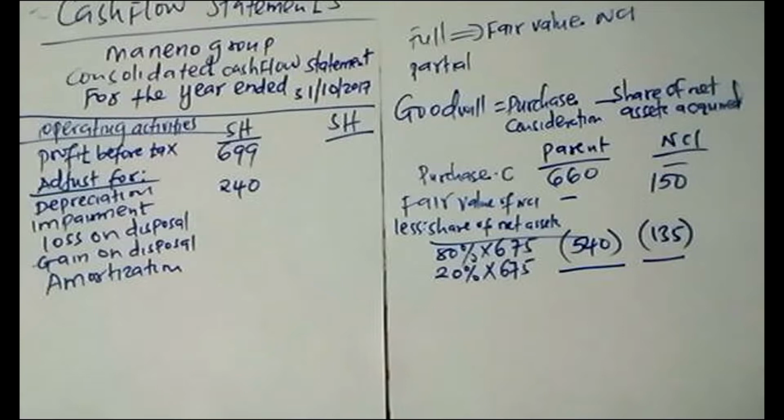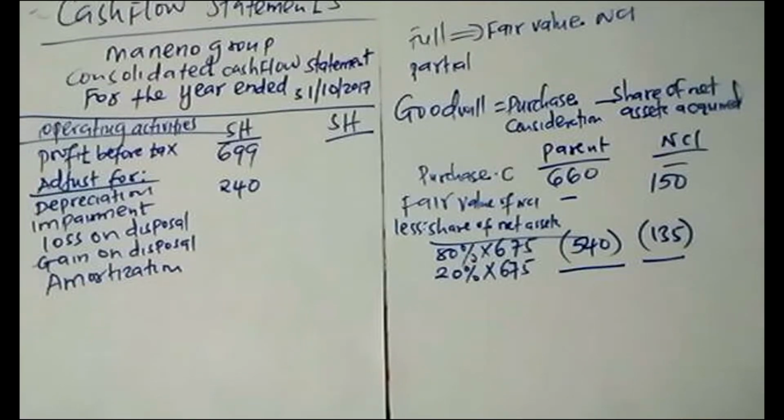Remember the 20% is the non-controlling interest. Never wonder where 20% is coming from. This subsidiary was an 80% controlled subsidiary, so the percentage which is unacquired is what we call minority shareholders, or the non-controlling interest. The full method gives goodwill attributable to the parent and those minority shareholders, the NCIs.